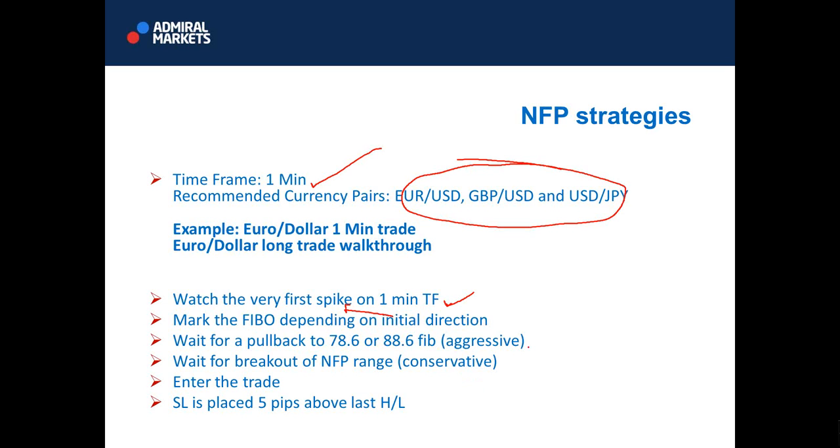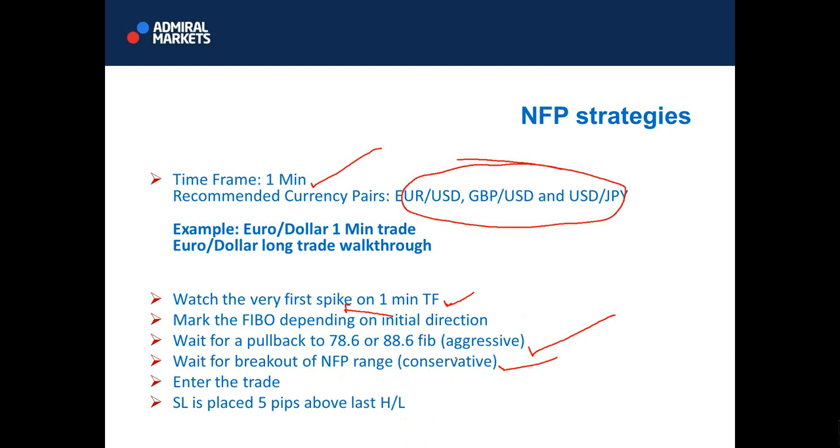That is called aggressive NFP trading, and that is way better than a breakout of the NFP range, and I will show you later why it's better than trading that particular breakout. You can trade a breakout, but that means your stops should be a lot higher than with this aggressive approach.